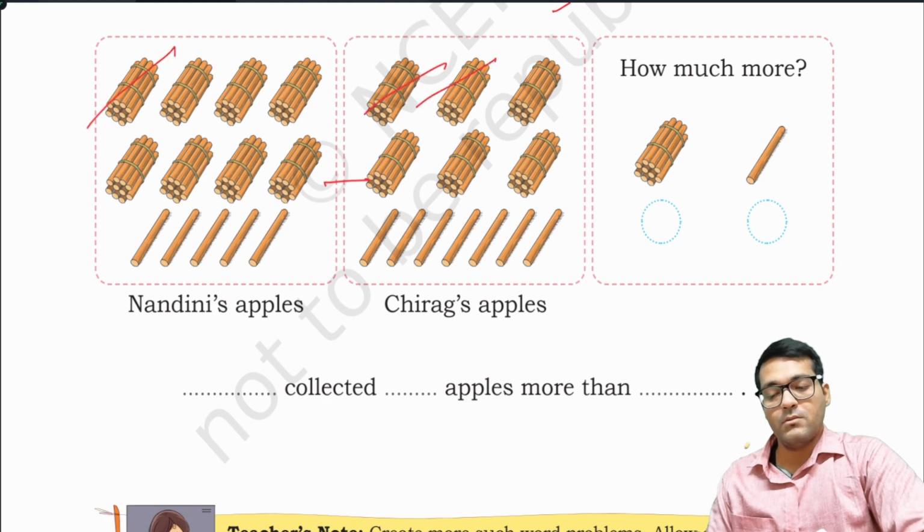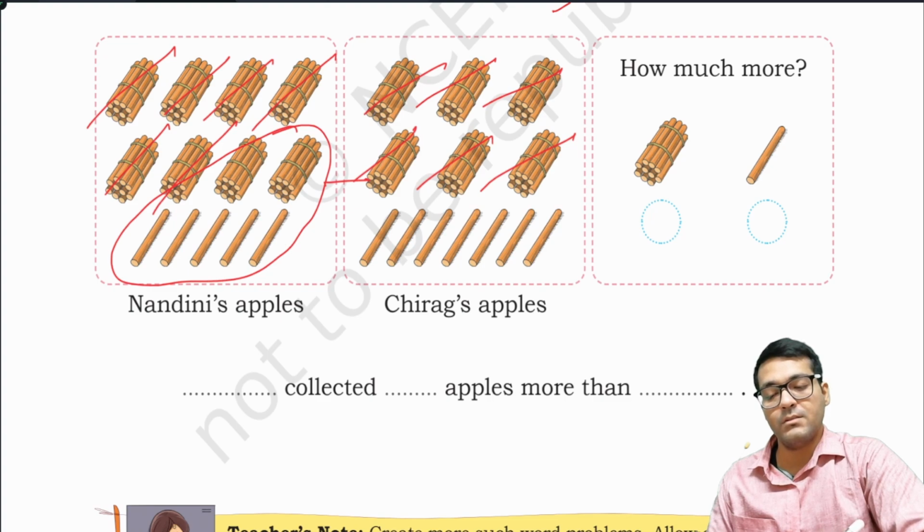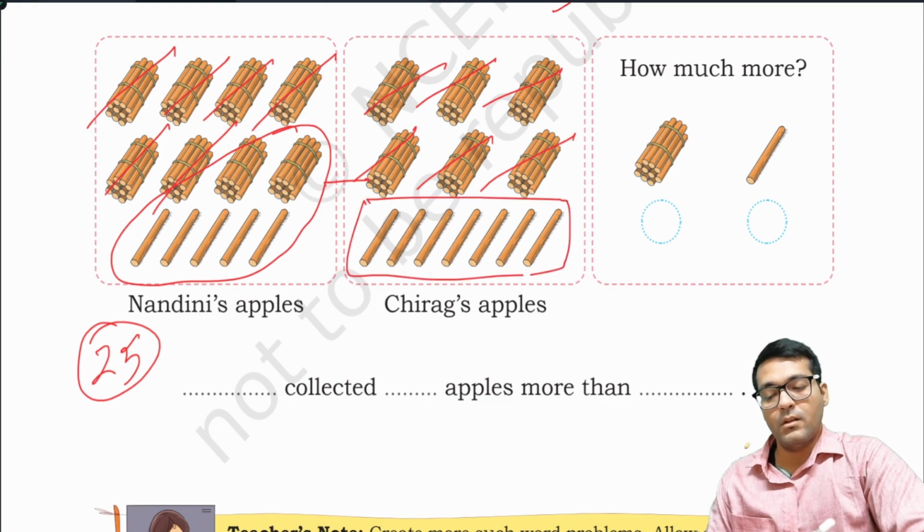1, 1, 2, 2, 3, 3, 4, 4, 5, 5, 6, 6. 2 bundles and 5 sticks are remaining. That means 25 are remaining, and you have to remove 7 out of them. You can't remove 7 from these 5 sticks, so you have to open one bundle.